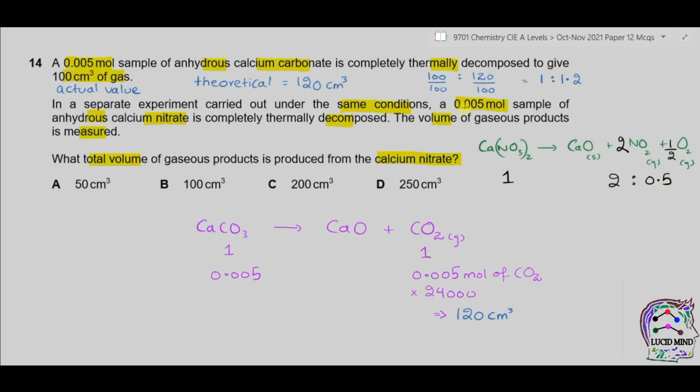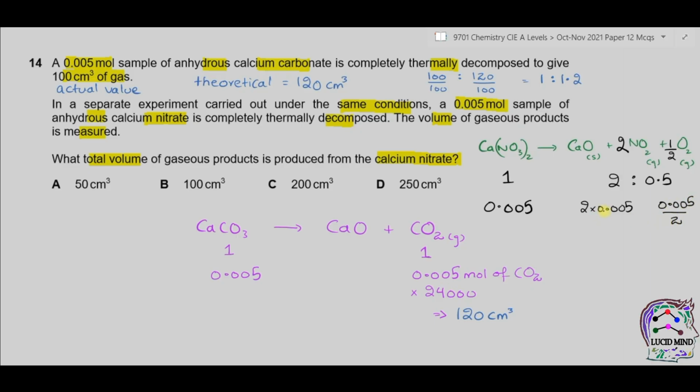So therefore 0.005 moles of reactant will give double moles of nitrogen dioxide, so 2 into 0.005, and half moles of oxygen, so 0.005 divided by 2.